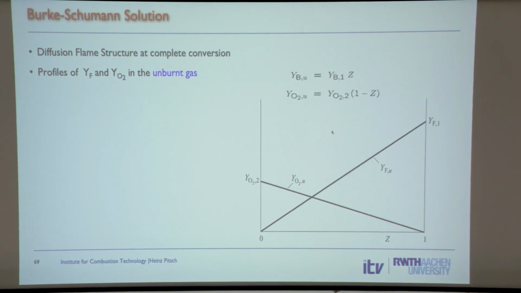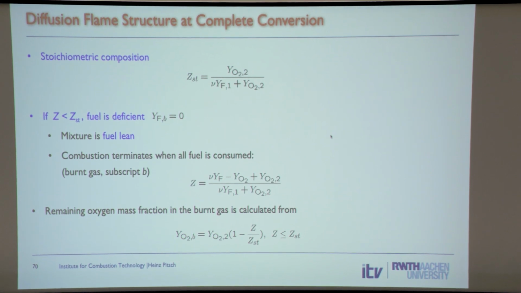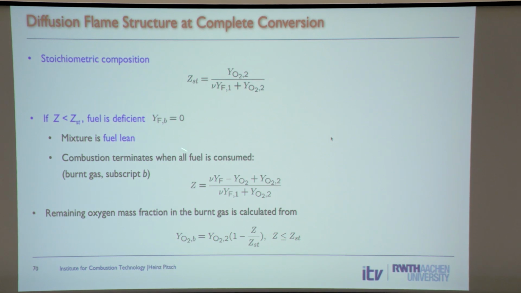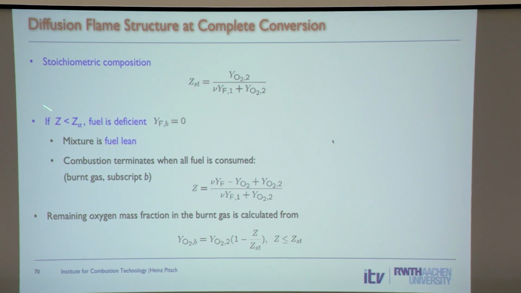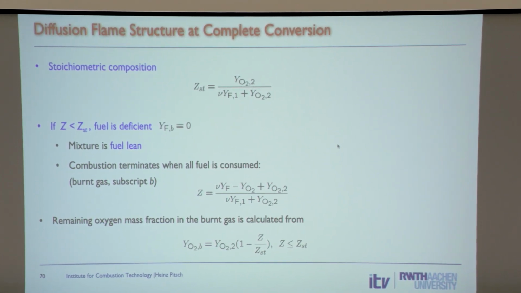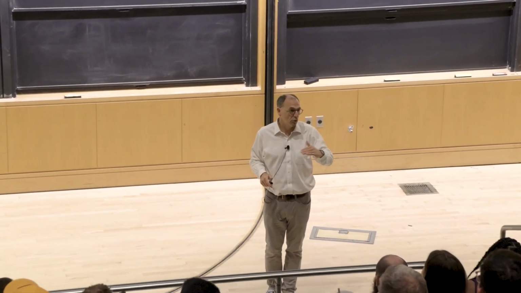And now, of course, we are more interested in seeing what happens when it burns. That is shown here. This is the definition of mixture fraction. First of all, we look at what happens when mixture fraction is smaller than stoichiometric. We said earlier, if we're in the lean region, then the fuel will all be consumed, and there's some oxygen left over.